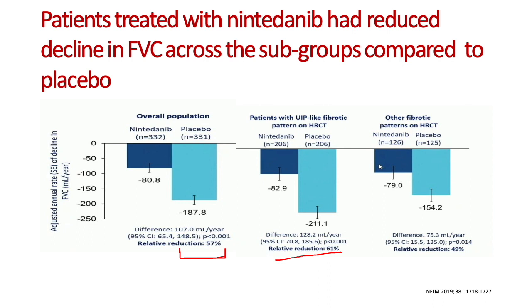And that was a huge response amongst both patients who had UIP-like pattern and even other patterns, because almost 49%, almost half of the patients did not have significant FVC decline more than 10%.